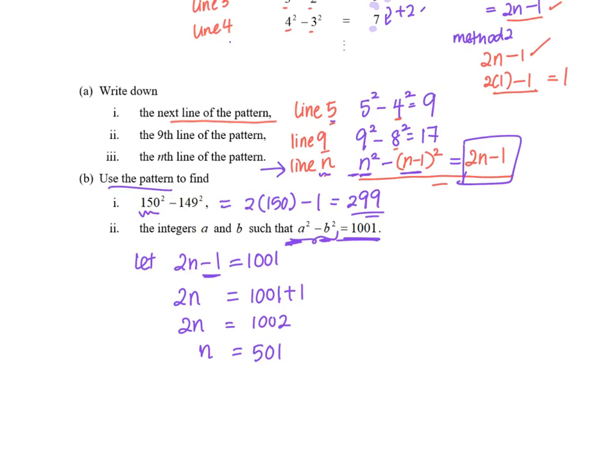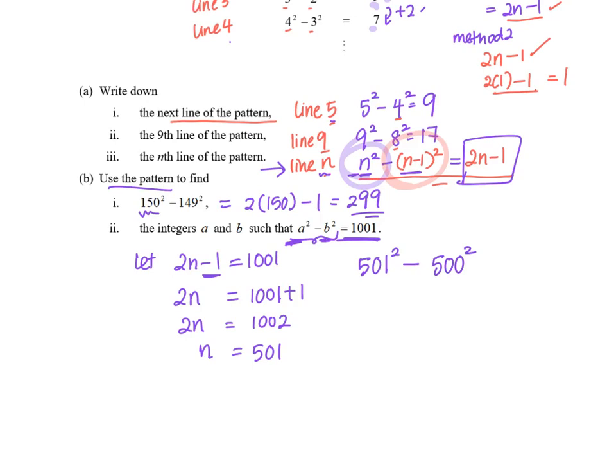If I follow this method, if n is equal to 501, square. So this pattern will be 501 square minus, then what will n minus 1 be? n minus 1 will be 501 minus 1 will be 500 square.